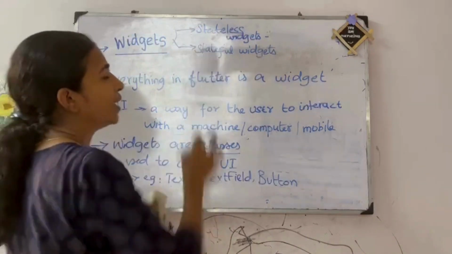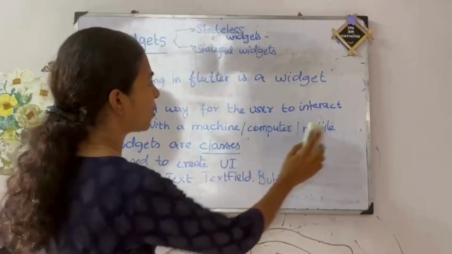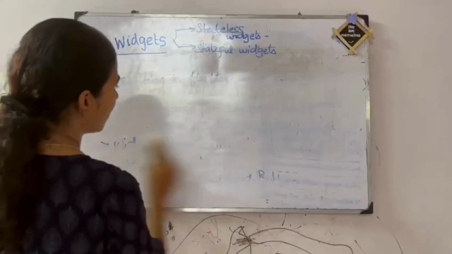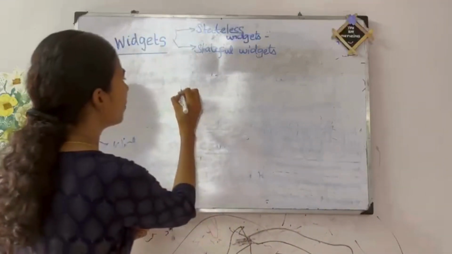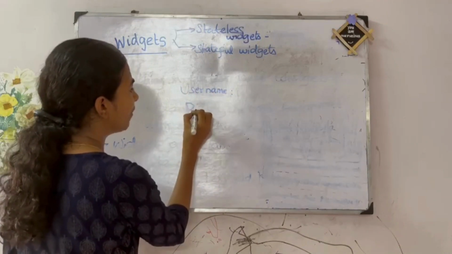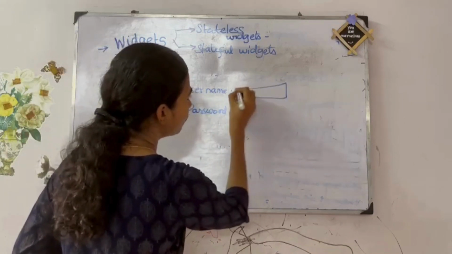So what is an example of a stateless widget? Let me show you a simple login form. In the login form, you will have a username and a password, right? So here you will have a TextField.